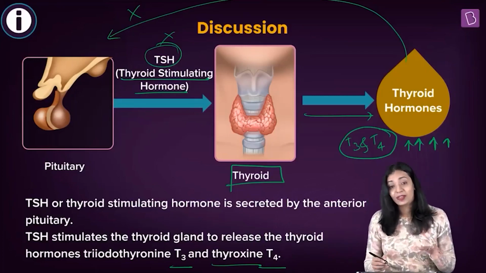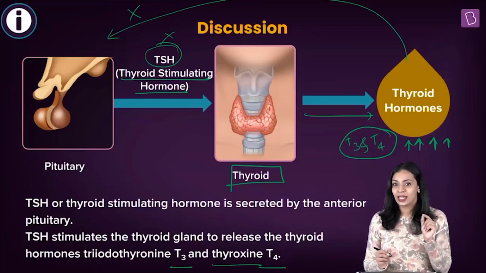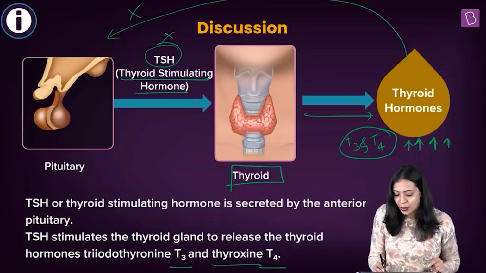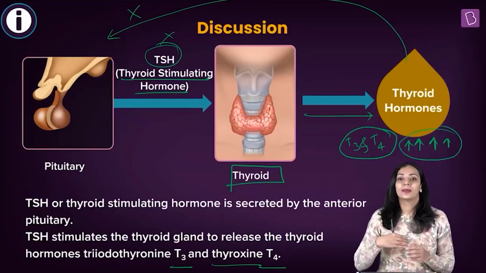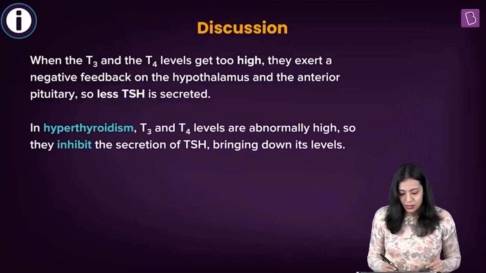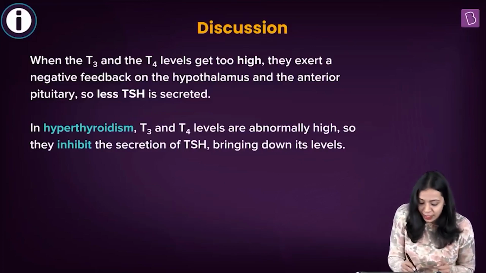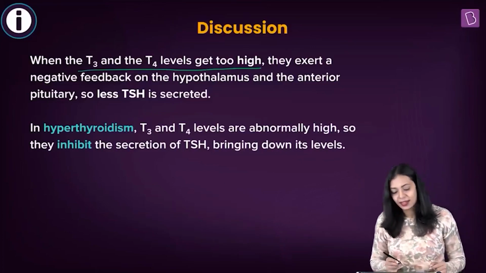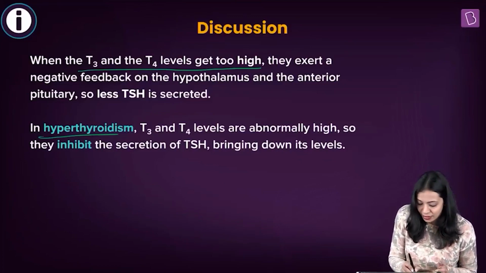So here we were asked when the levels of TSH are low in blood. It happens when there are excess levels of T3 and T4 circulating in blood. The condition where the T3 and T4 hormone levels get too high is known as hyperthyroidism.